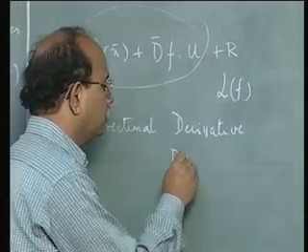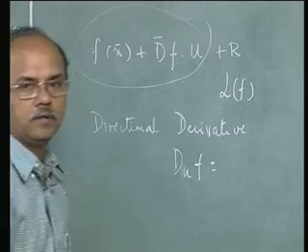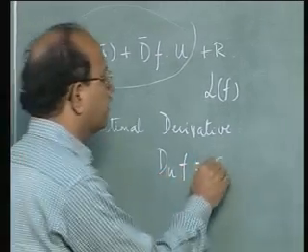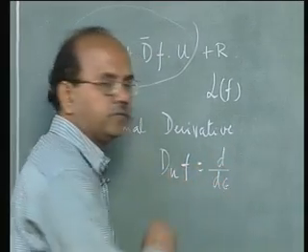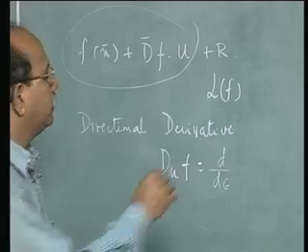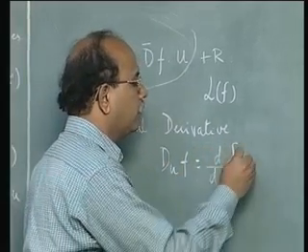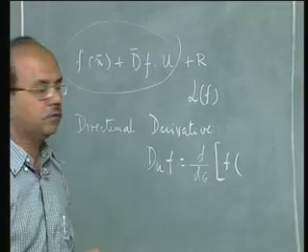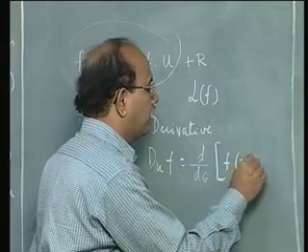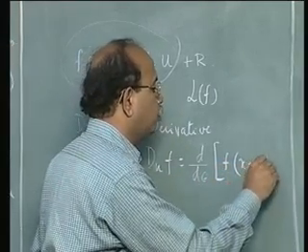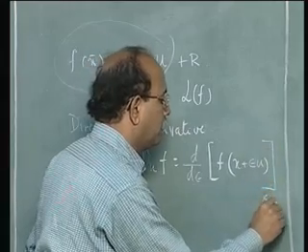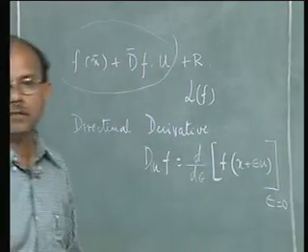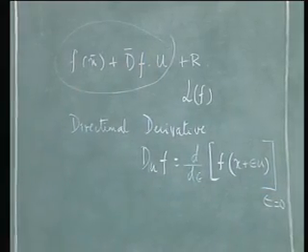We will put u of f to be d by d epsilon of that function for which we want the directional derivative, f of x plus epsilon u, at epsilon equal to 0.